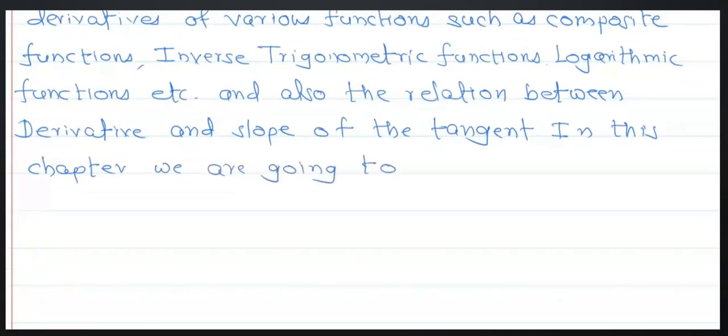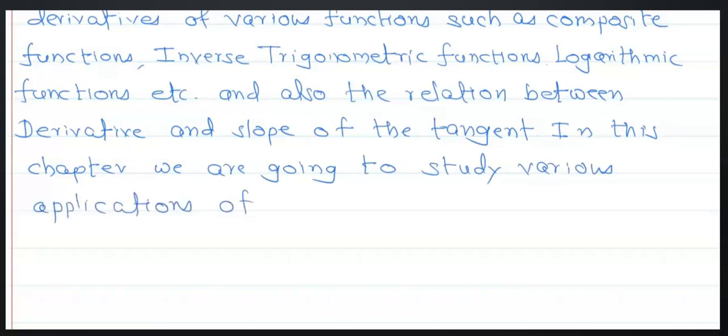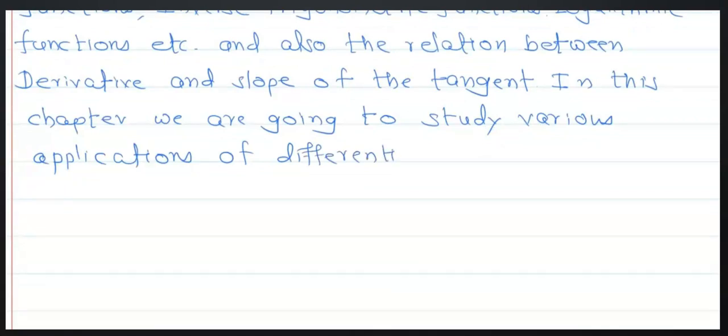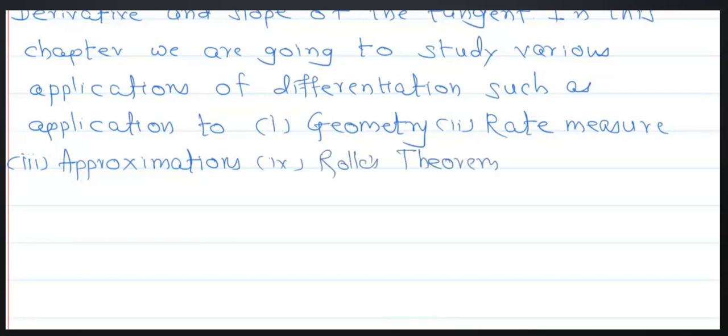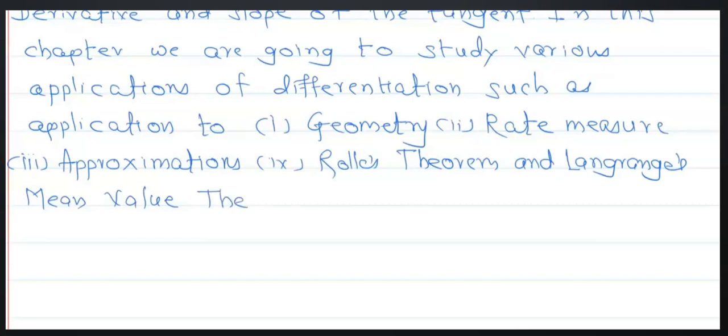In this chapter, we are going to study various applications of differentiation, such as first, application in geometry, rate measure, approximations, Rolle's theorem and Lagrange mean value theorem, LMVT.